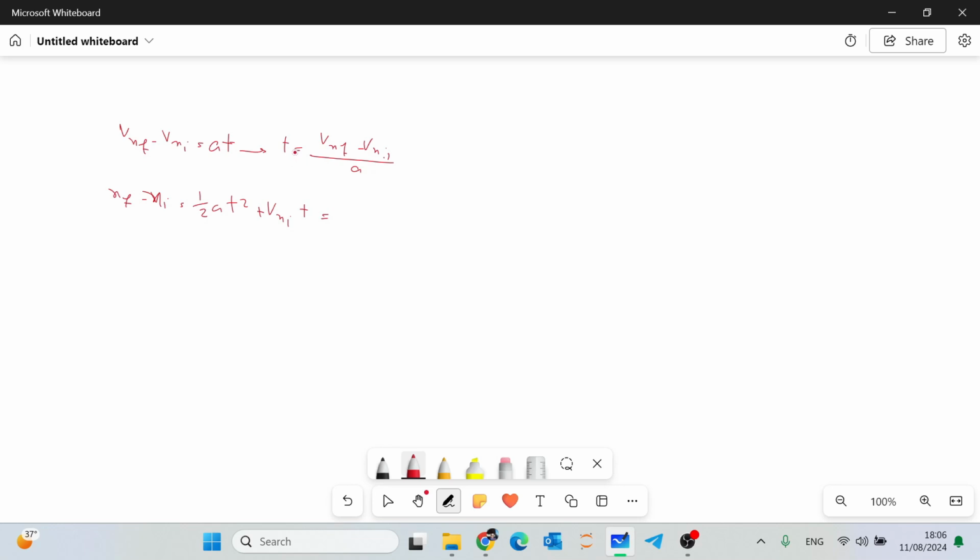If I substitute t from this equation into this, it will be a over 2 times vxf minus vxi over a, all to the power 2, plus vxi times vxf minus vxi over a.